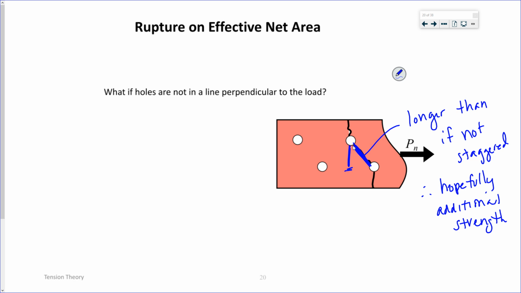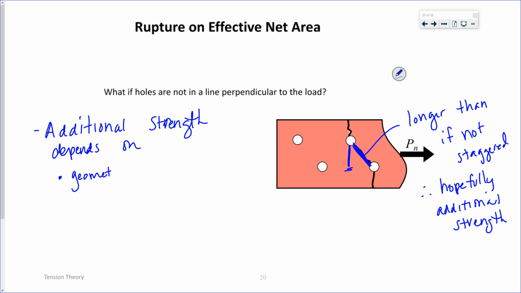But I do have to say, my additional strength depends on how much it increases, right? How much that diagonal is longer than if it was straight.